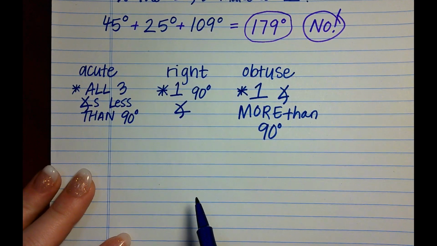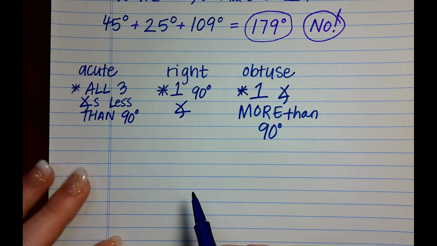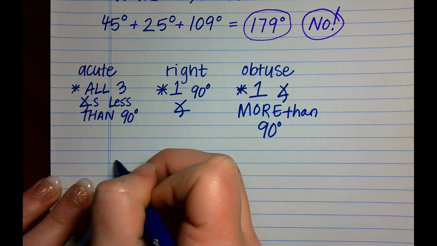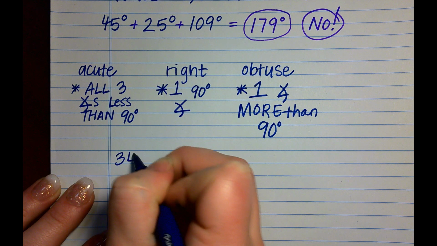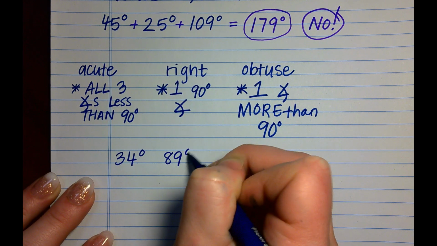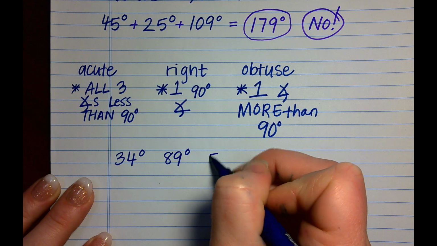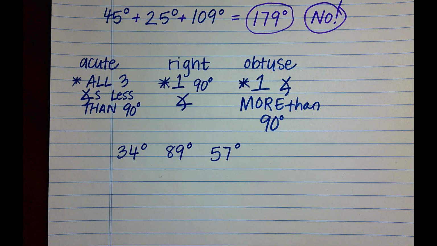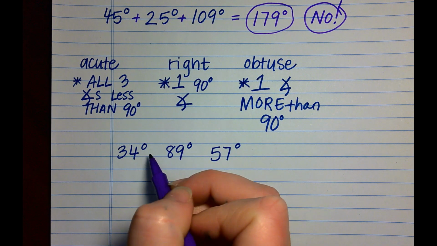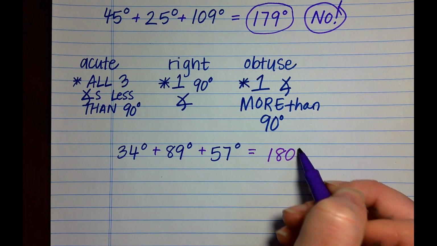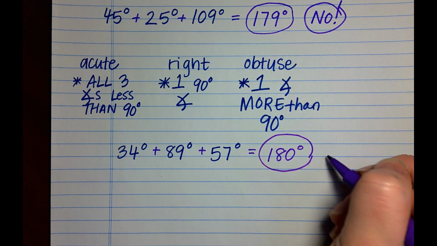Let's say I have a triangle with these three angles: 34 degrees, 89 degrees, and 57 degrees. First of all, is it a triangle? Yep. When I add these three numbers together, I get exactly 180. So it is a triangle.